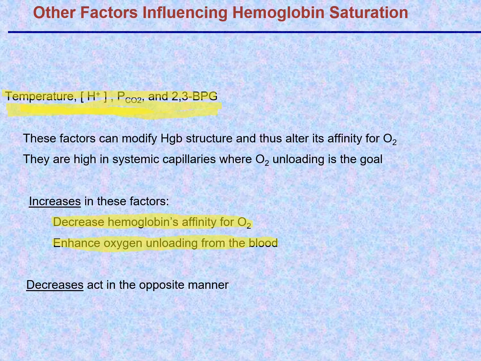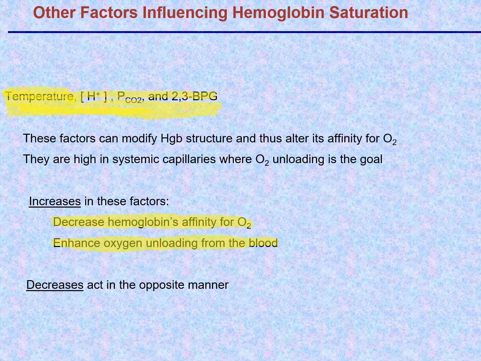After all, when you are exercising, for example, that's one of the obvious things about metabolically active tissue. When your skeletal muscle is metabolically active, you're exercising, it needs a lot of energy. The temperature rises, and with a higher temperature, hemoglobin releases more oxygen. That's good.